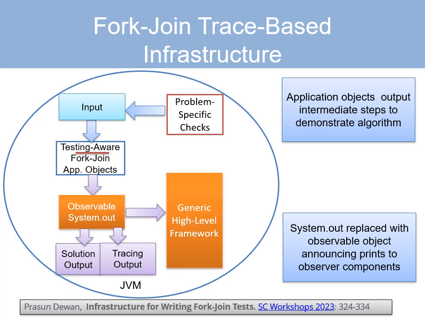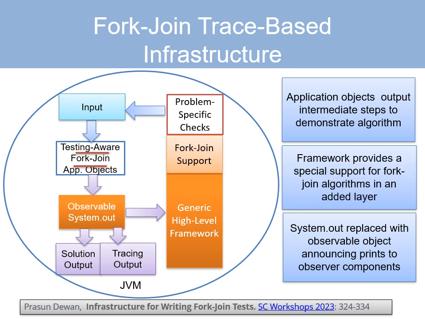And this way, we've been able to couple this with our previous framework and allow the benefits of that. And to make programs even easier to write, many of the problems we've been testing in our classes involve fork join. So we've developed special abstractions to support the fork join algorithm. Okay.